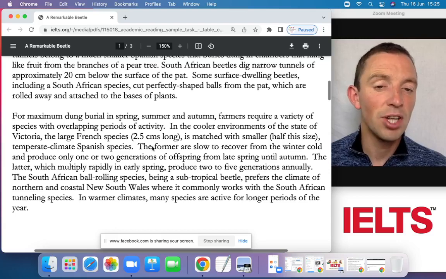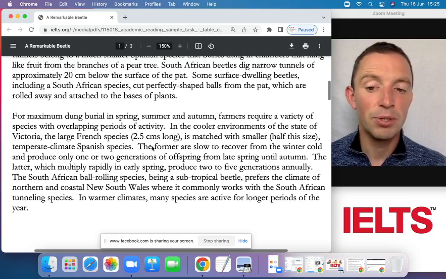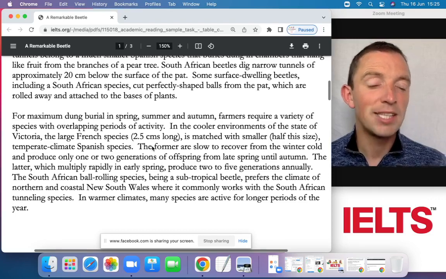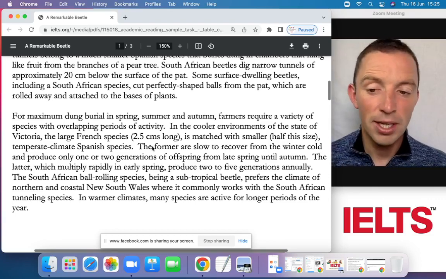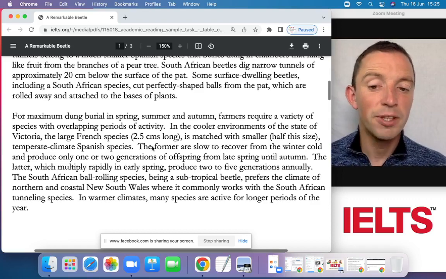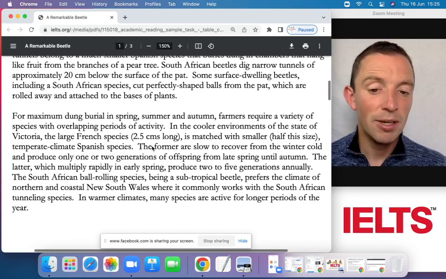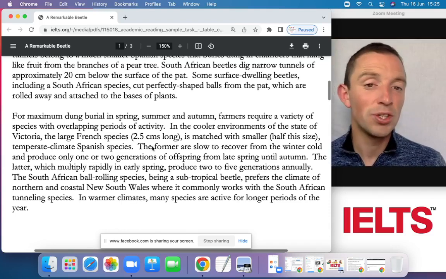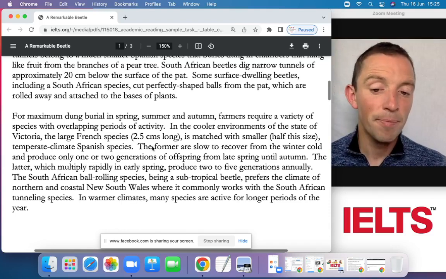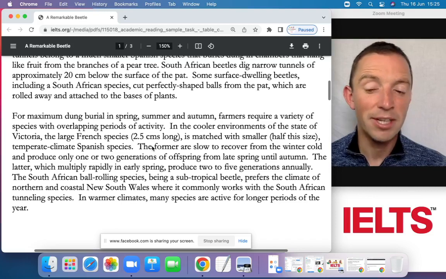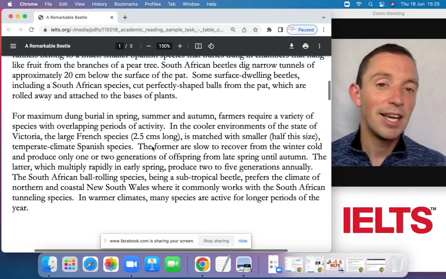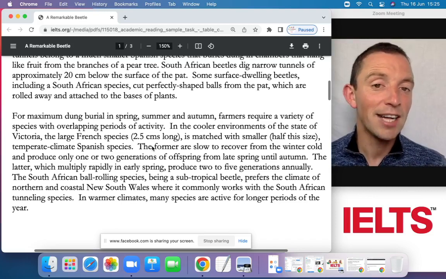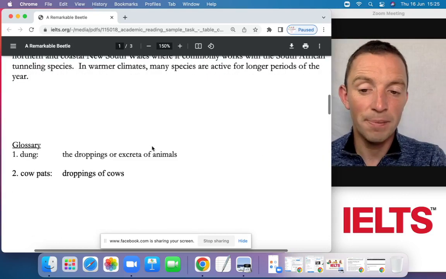The former are slow to recover from the winter cold and produce only 1 or 2 generations of offspring from late spring until autumn. The latter, which multiply rapidly in early spring, being a subtropical beetle, prefers the climate of northern and coastal New South Wales, where it commonly works with the South African tunnelling species. In warmer climates, many species are active for longer periods of time.